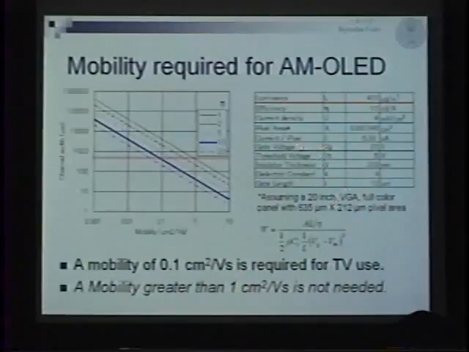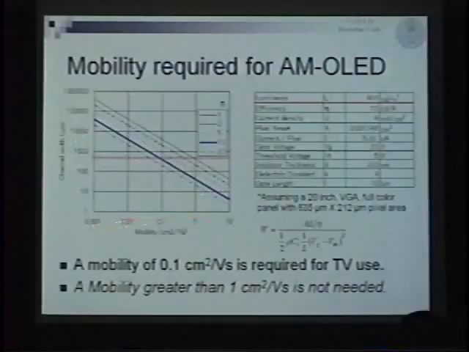So we can get the current of about 5 microampere needed for 1 pixel. Under the TFT conditions like this, and according to these equations, we can get the channel width like this blue line.